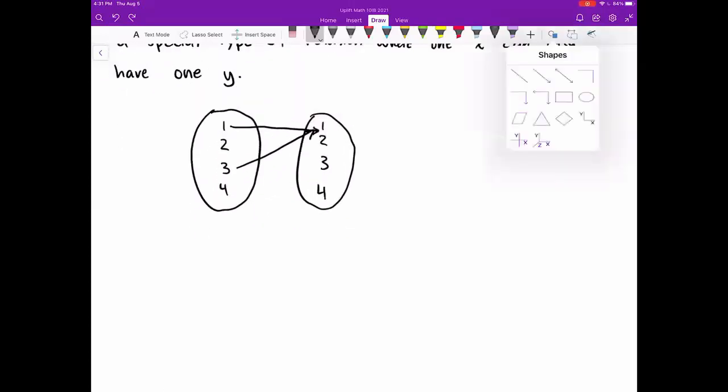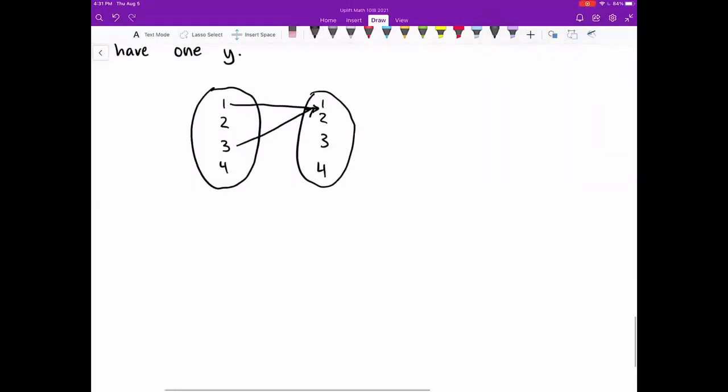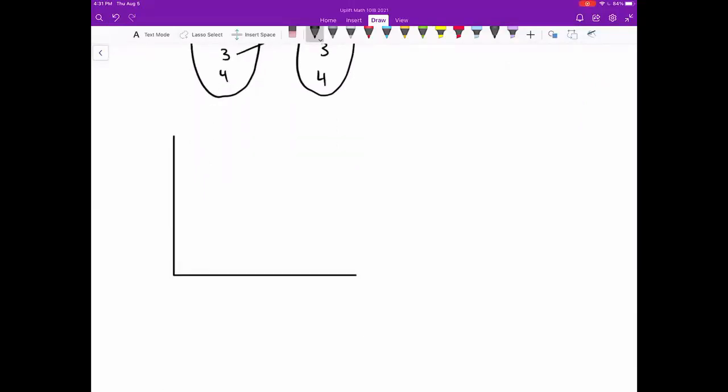Do you want to explain what it will look like on a graph? Yeah. Okay. So we can do a little bit of identifying right now. Up until this point, we were working with linear equations.